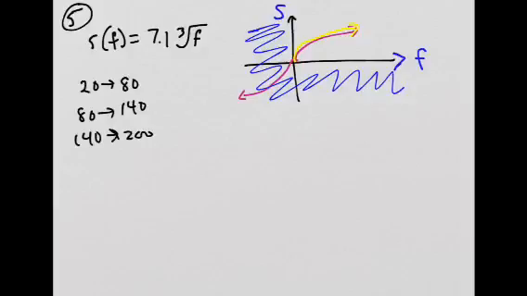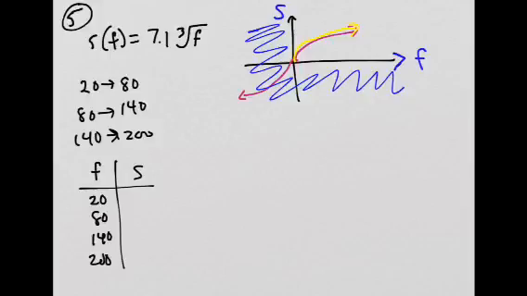So the easiest thing is to make a table, F and S, and use your calculator. I'm going to put 20, 80, 140, and 200. And why am I choosing these? Because these are the ranges they want me to go from: 20 to 80, 80 to 140, 140 to 200. These all represent F values.